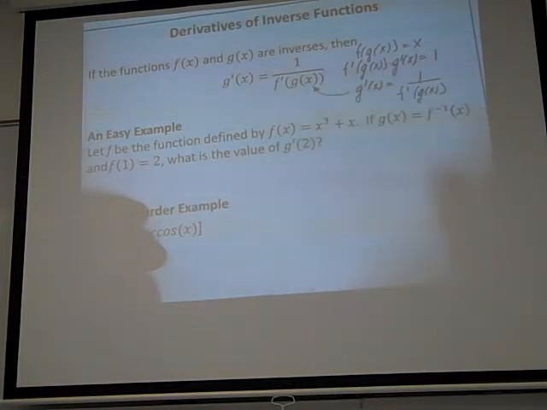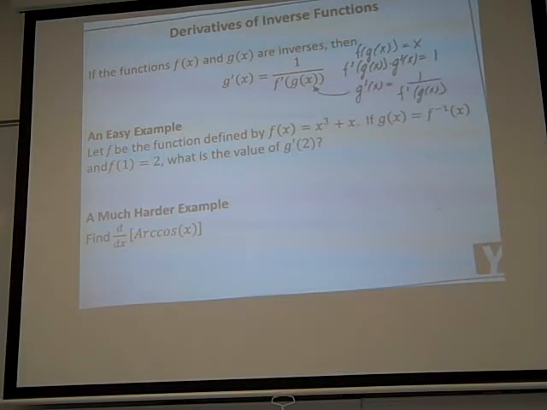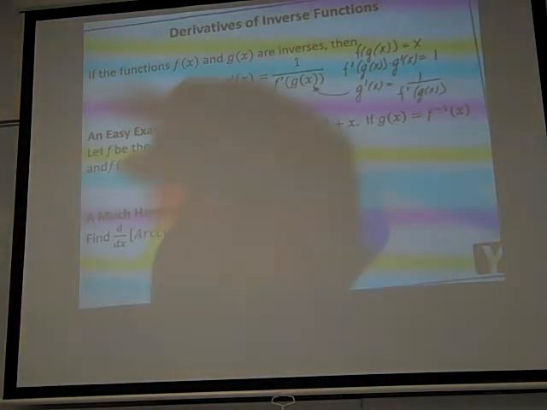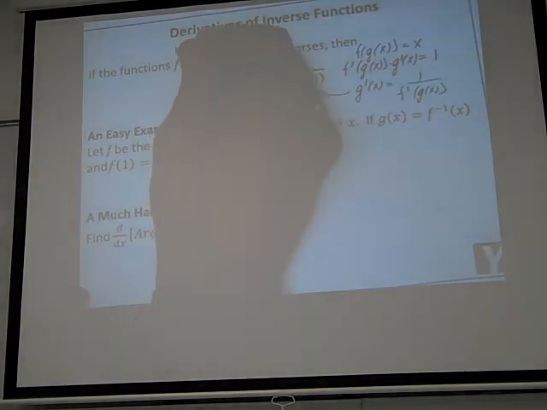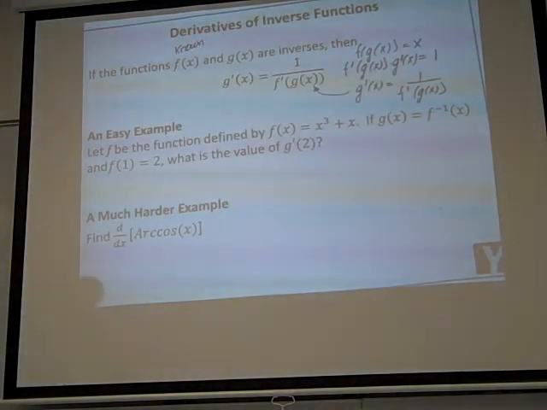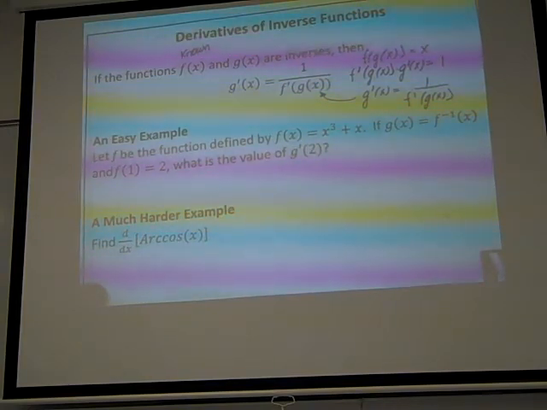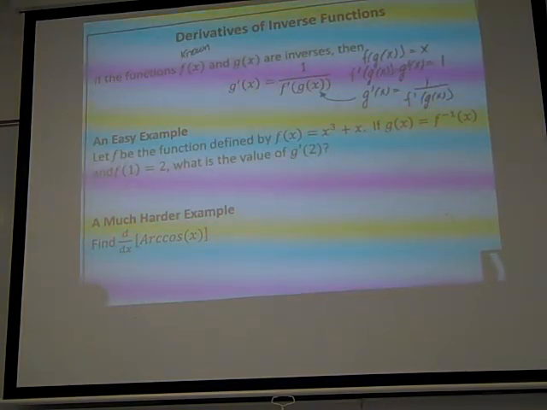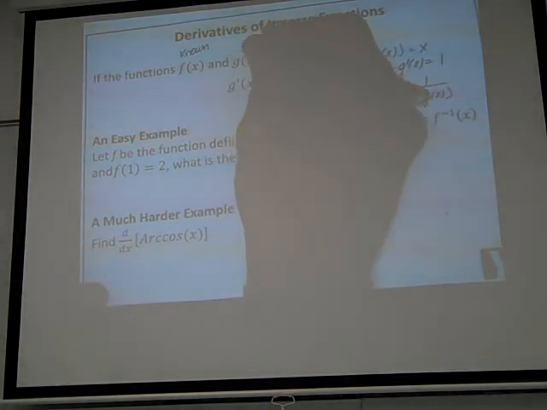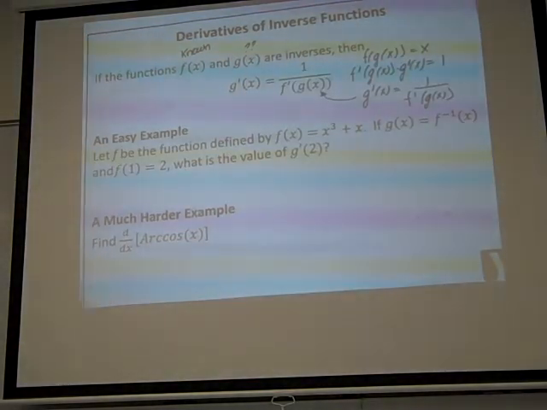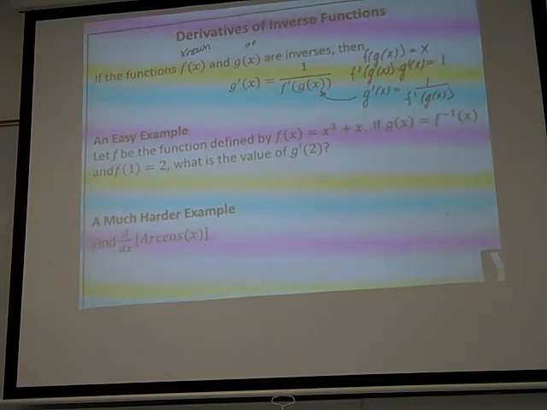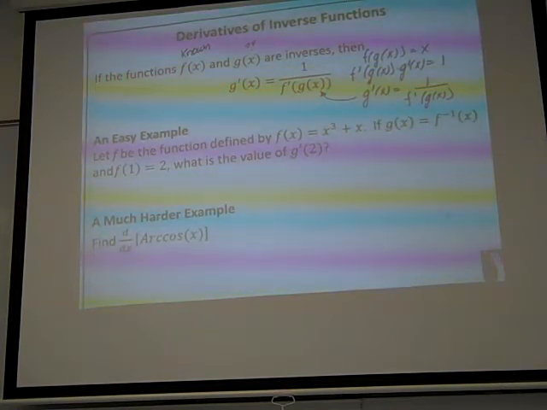And that's where this formula comes from. Usually when you're solving a problem, f of x will be the known function. They either tell you exactly what the function is, or they've given you information, or there's some way to go about finding it, and g of x is the one that you really want to know. And it's this inverse relationship that gives you the information that you need.